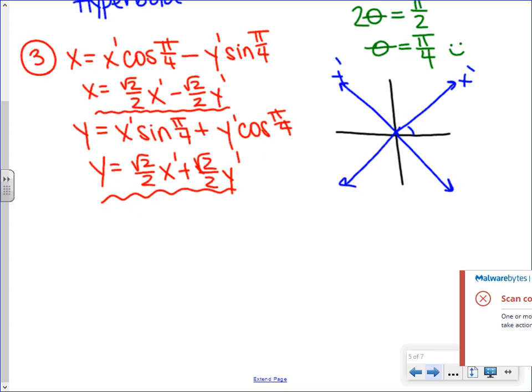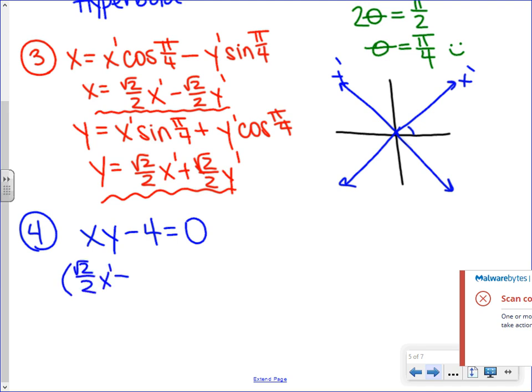So where are our substitutions? Step 4, where are we? xy minus 4 equals 0. We're actually going to make these substitutions. So we're going to throw in radical 2 over 2 x prime minus radical 2 over 2 y prime for x.